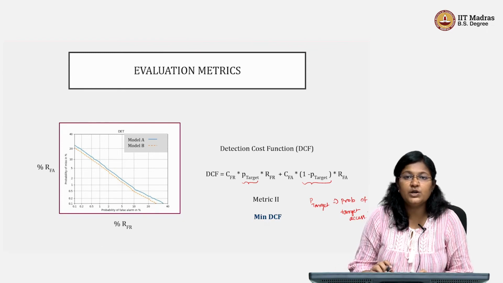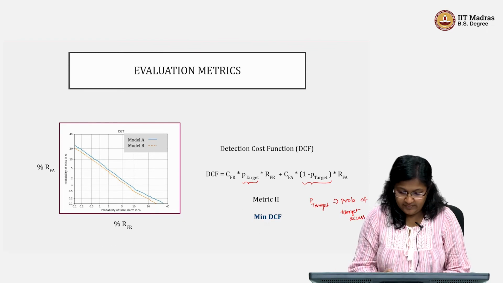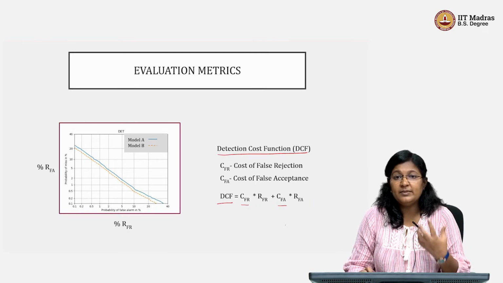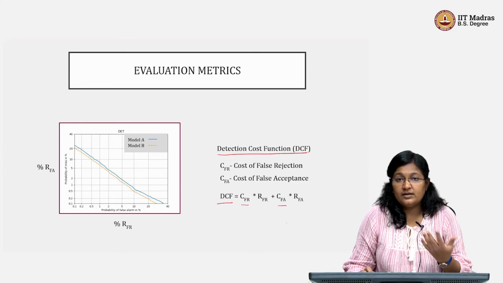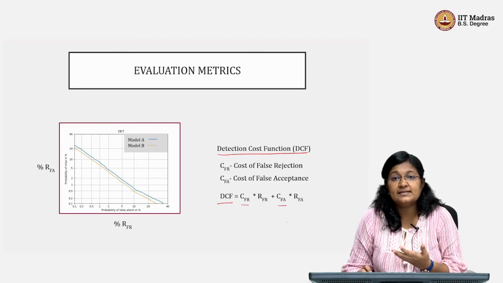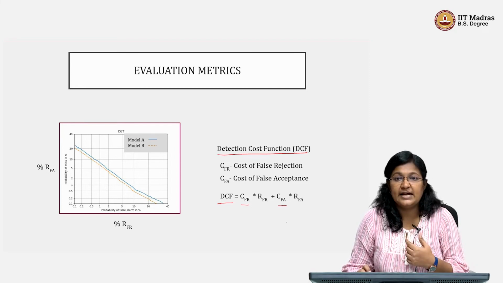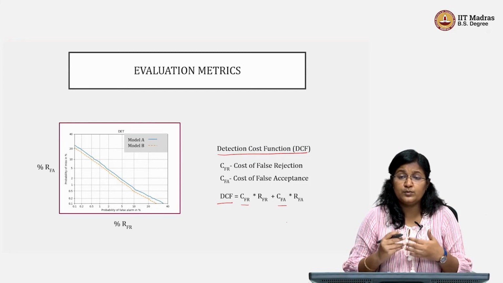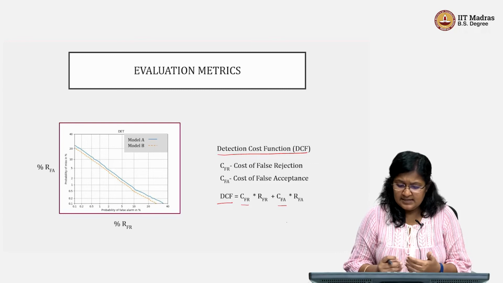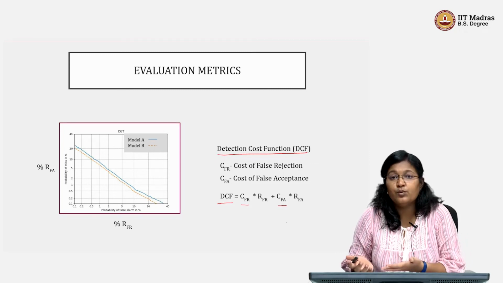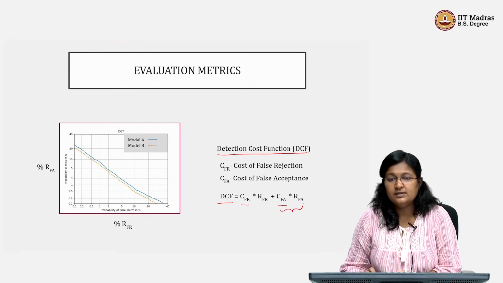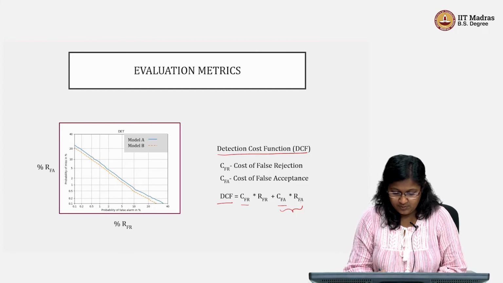What it tries to incorporate is, okay, the previous one is the cost function, it's well and good, but how much probability is there for target access and how much probability is there for imposter access? Based on that, your cost function will vary, right? If there is more chance of imposter access, then the cost function should give more weightage to the, which one? Imposter false acceptance, right? So this one, right? More weightage should come to this term. That's what will happen here.